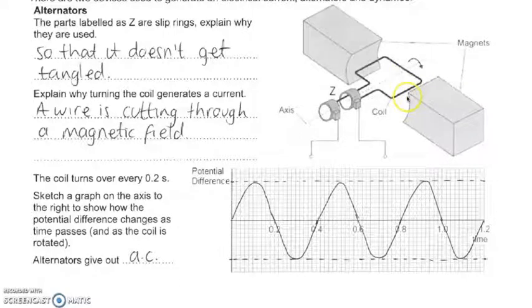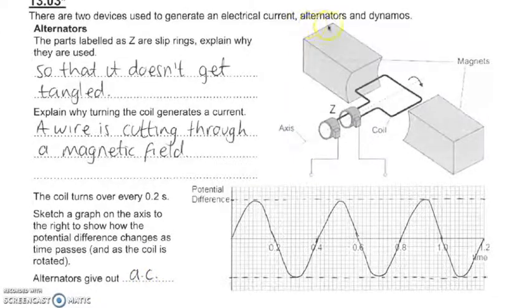However, when it comes down here, we get a peak voltage, and then when it leaves that position, it's got some horizontal motion from the right to the left now, which means it cuts less magnetic field lines, and you get zero voltage being produced when the coil is at the bottom here and at the top there. And the last point to remember with alternators is they give out alternating current, or AC, and you can remember that by their name: alternators, alternating current.